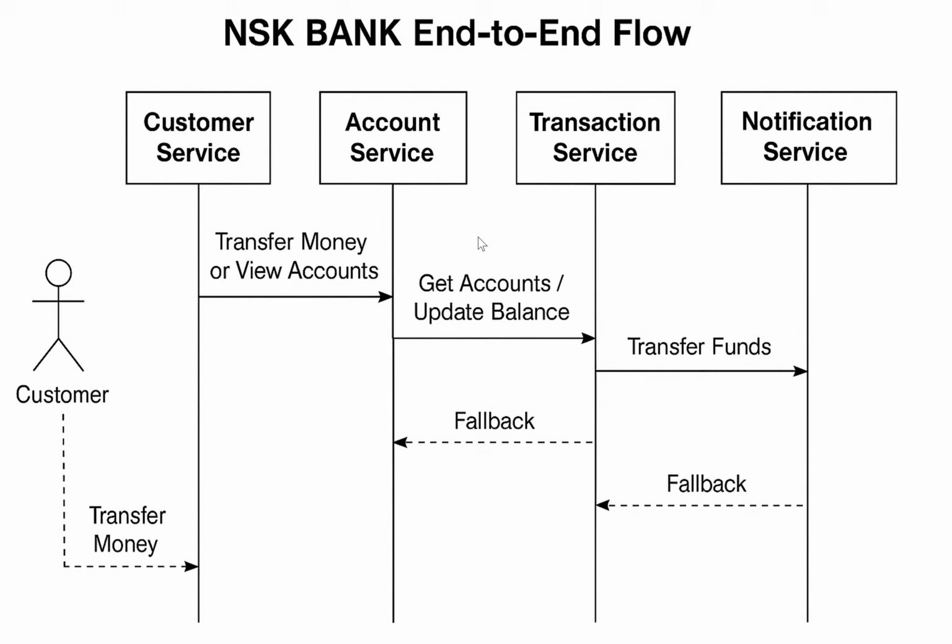The transaction service will check the balance. If the balance is valid, it will debit the balance from the source account and credit it to the destination, the third party's, the other user's account.